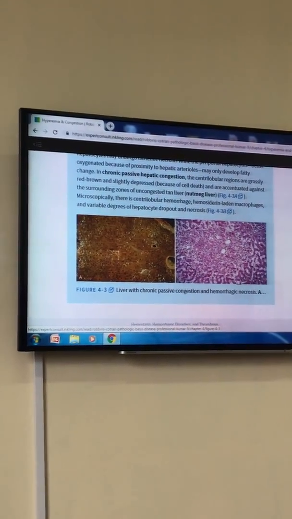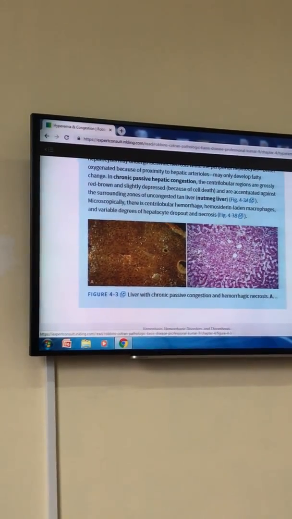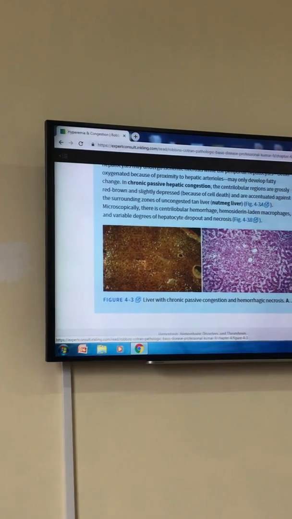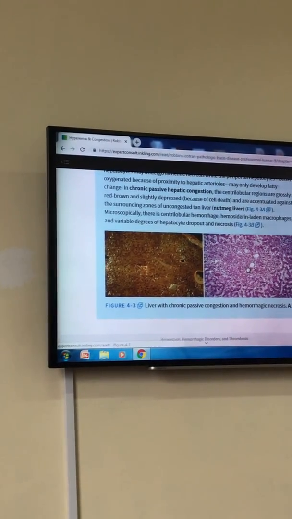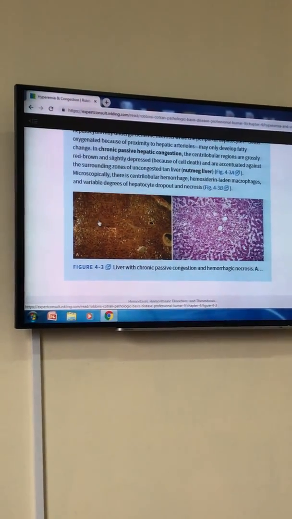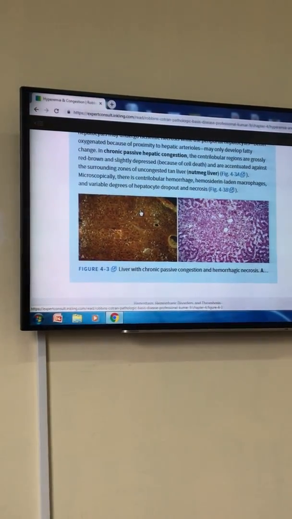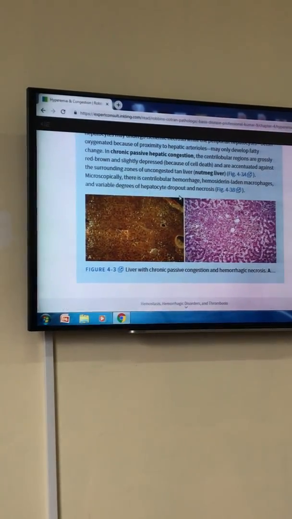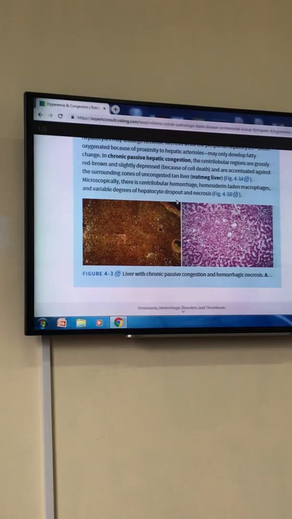And this is the microscopic picture, where the central liver cells show coagulative necrosis, and the peripheral hepatocytes are healthy. And the gross picture is this, that the darker areas are necrotic areas and the lighter are the healthy cells. And this is called nutmeg liver.